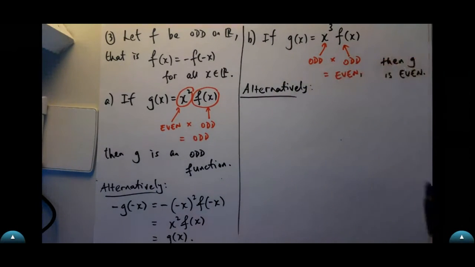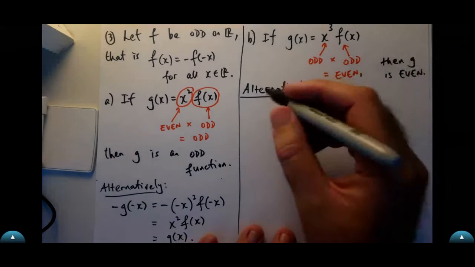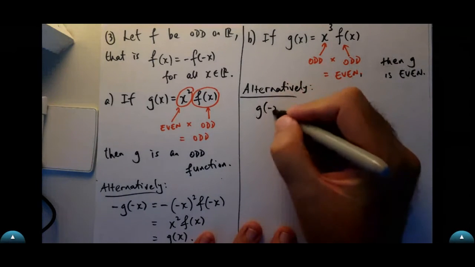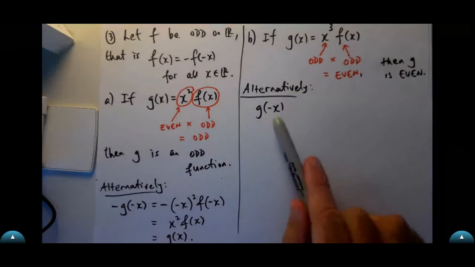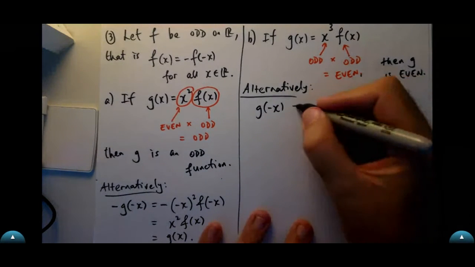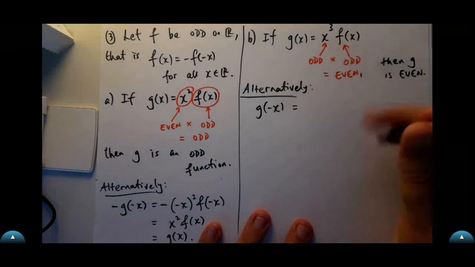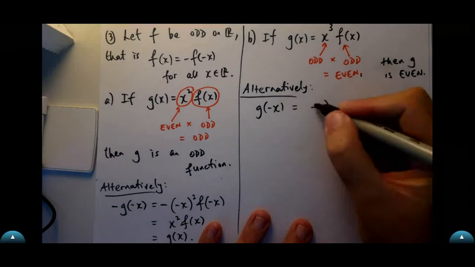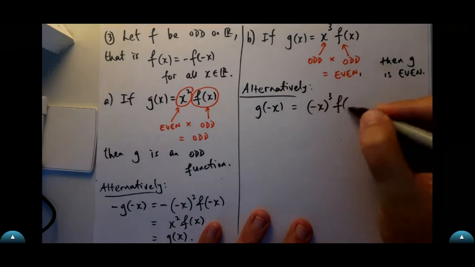Let's really consider g of negative x, and we want to show that this is actually equal to g of x, right? So we go up here, we replace x with negative x, and we'll simplify.